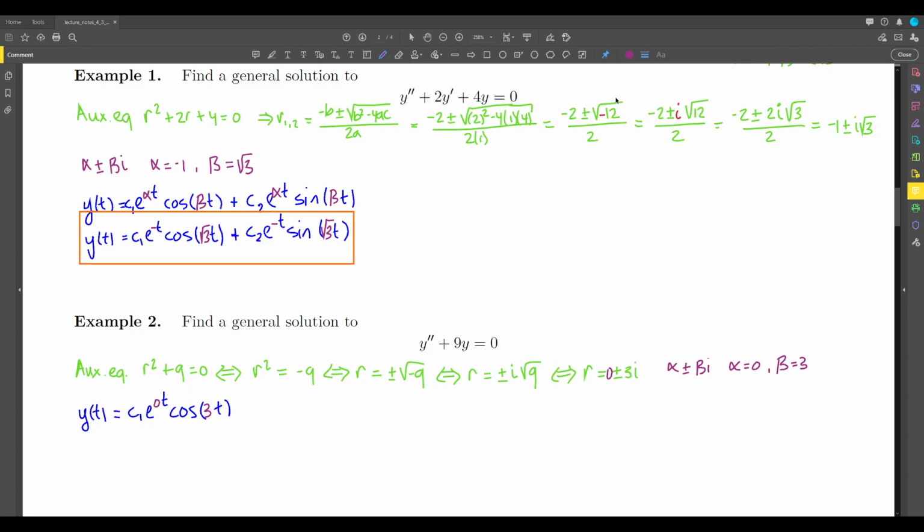And then we have something similar with the sine, so plus c2 e to the power 0t sine of 3t.